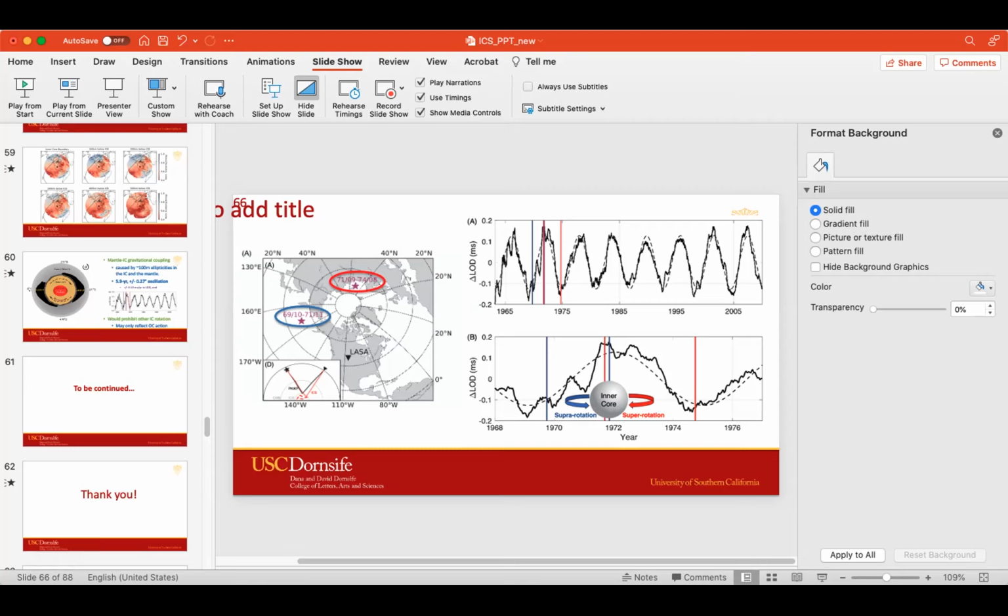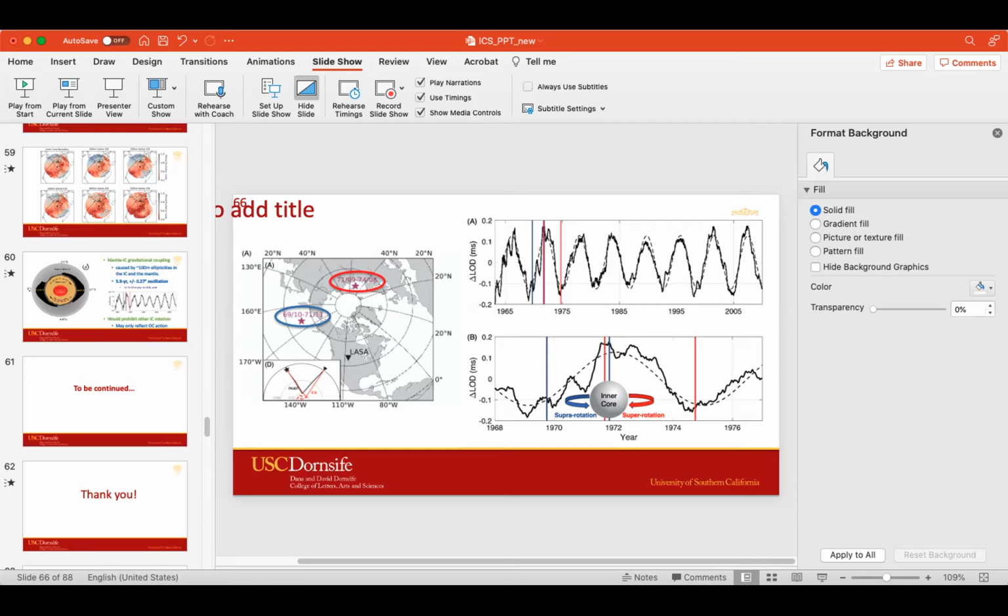The easiest way to think about this problem is that the outer core is almost isothermal. So the temperature here is almost the same. This is warm, this is cold. The temperature here is all T0, but here is T1, and this is T2.